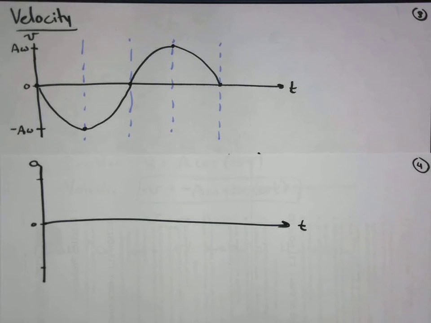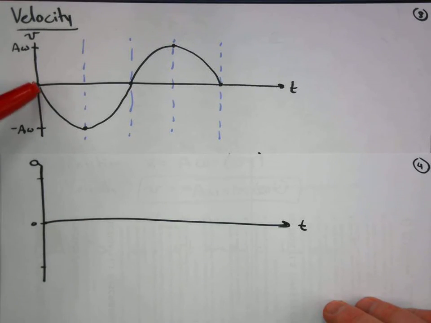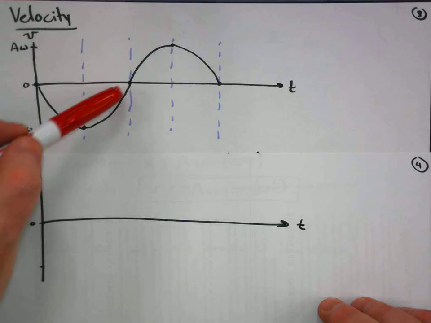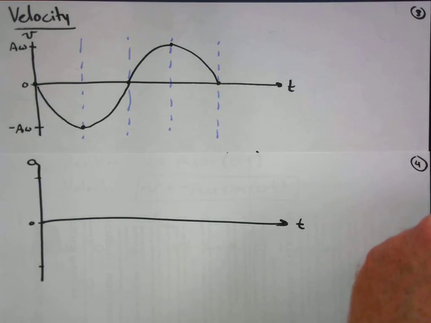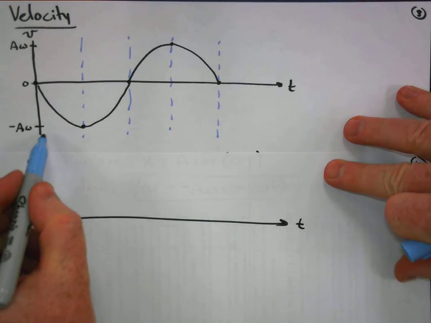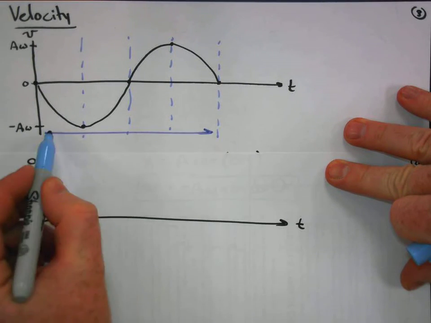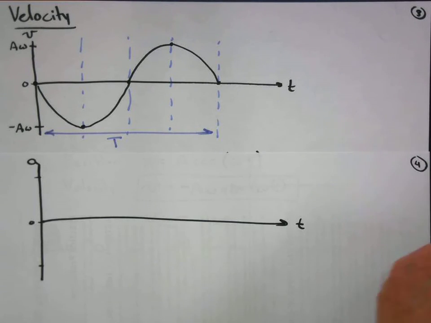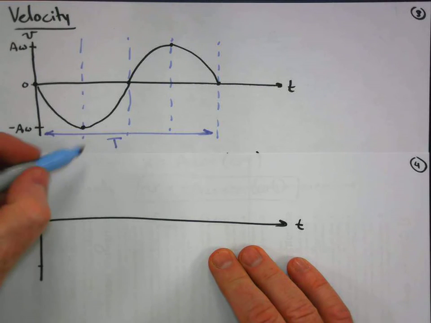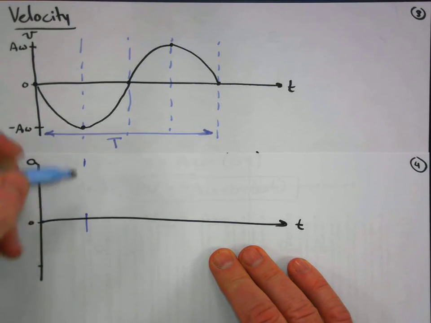Where is the slope greatest? It's here at 0. It's greatest here at this midway location, and it's also greatest here at the end of one complete cycle. Remember, this is still one cycle. That's the period T, is that amount of time. Well, I should probably make sure these are lined up, and I should continue to do this.